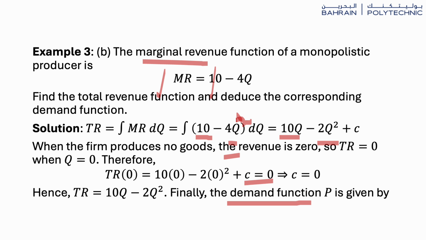If we divide over q, 10q over q will be just 10, and 2q squared over q will be 2q, because this q is common for both numerator, which results in 10 minus 2q. So this will be our p.